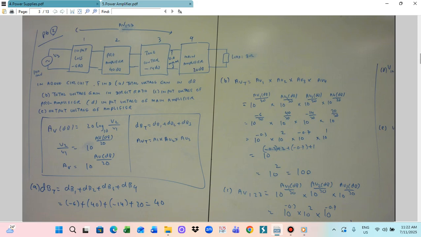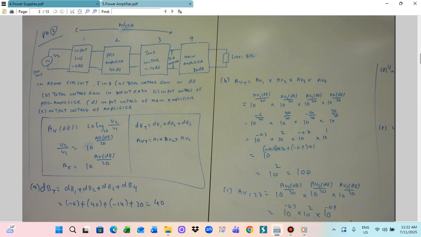That is 10 power AV1 dB by 20, multiply 10 power AV2 dB by 20, multiply 10 power AV3 dB by 20.